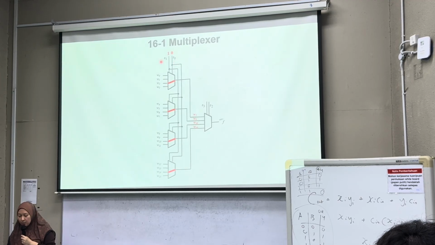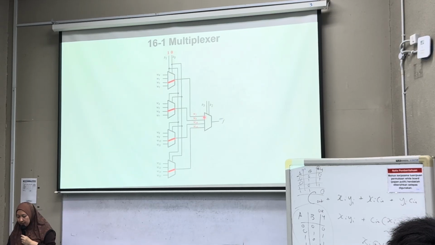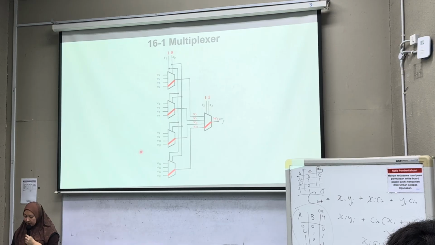When it's S1, S0, you have this W coming out, but you also need S3 and S2 to figure out what F is at the end. So when the select lines are 1, 0, 0, 0, what you get for F is W3, and so on. So this is a 16 to 1 mux, whereby you need 4 select lines and you've got 16 data inputs here.